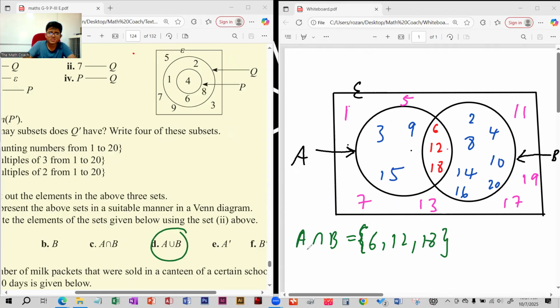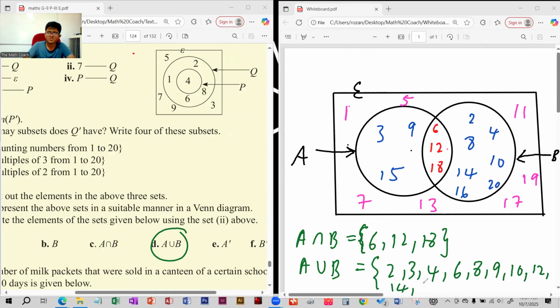What about the next one? A union B. Let's see. A union B is equal to, so we have a bunch of stuff here: 2, 3, 4, 6, 8, 9, 10, 12, 14, 15, 16, 18, 20.